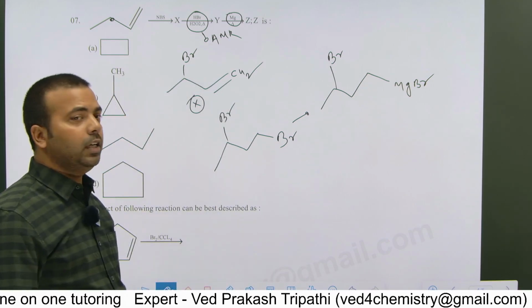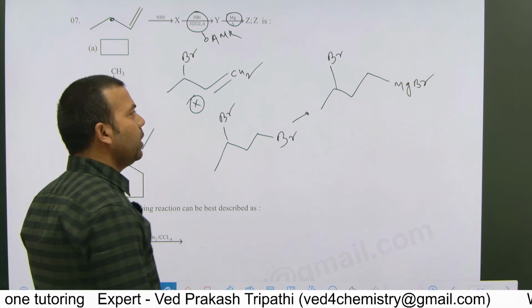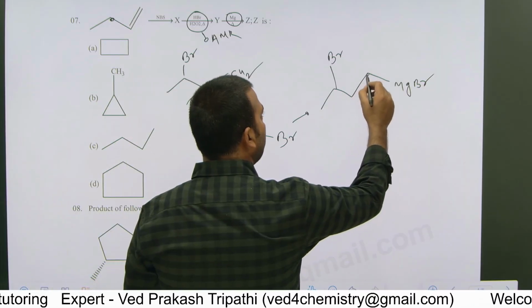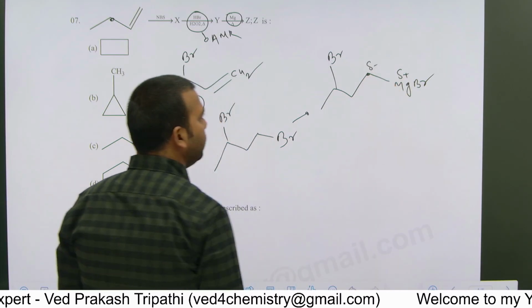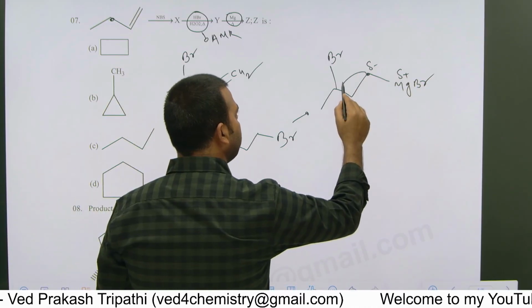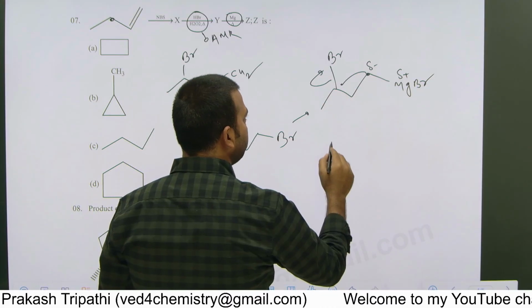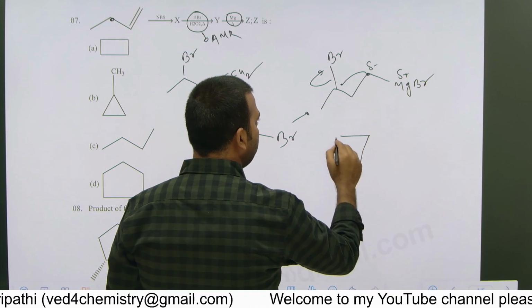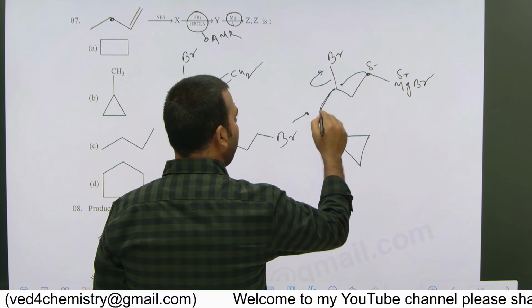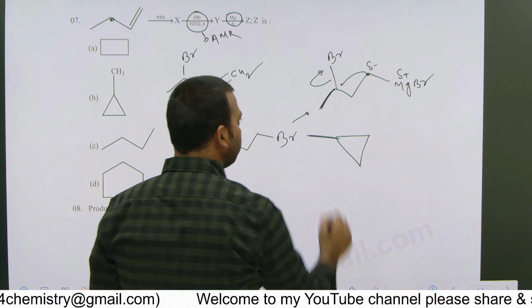And now this is an intramolecular attack. Intramolecular attack means this nucleophile, because this is Mg plus, so this carbon is negative, attacks this carbon and bromine leaves. So we have a ring and the ring is 3-membered, and then we have a branch here.